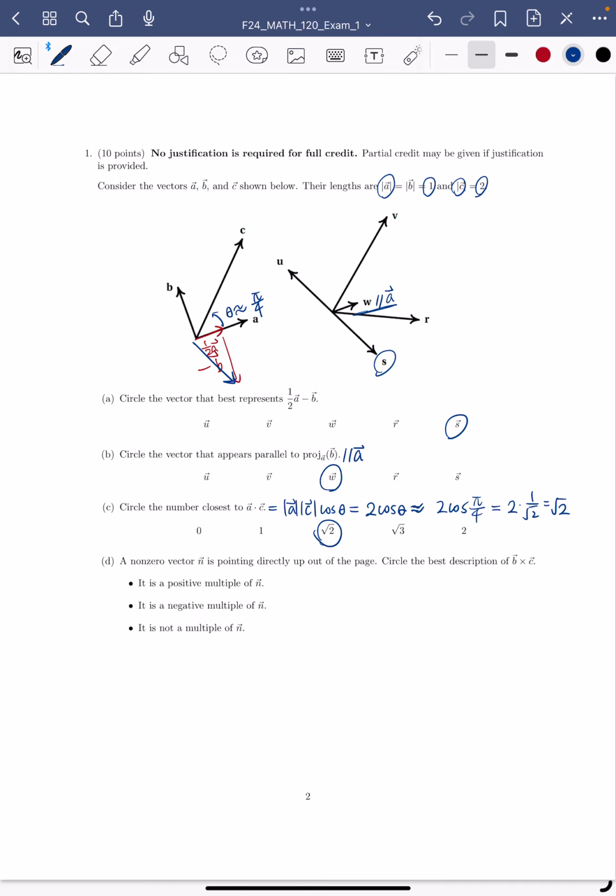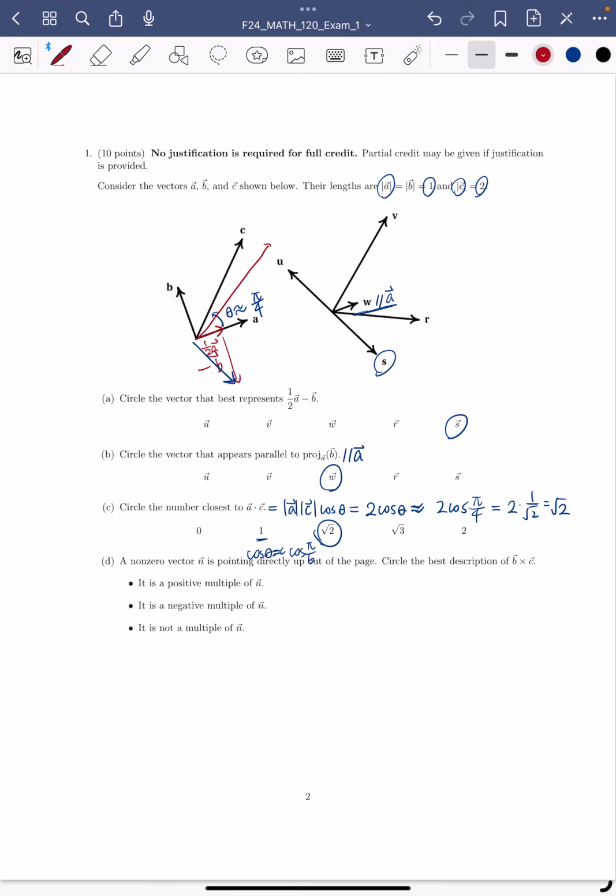And you can check other answers that might be close. But for 1, your cosine theta has to be close to cosine pi over 6. So in that case, C will be around here.